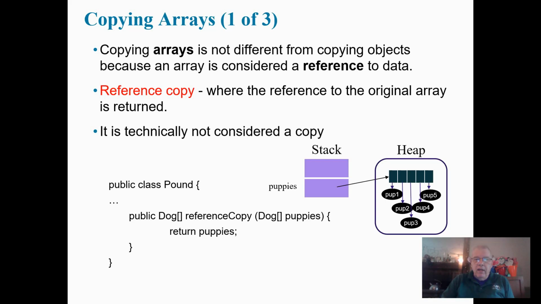So element 0 of that array points to an object called pup1. So when we say a reference copy, it's technically not really a copy. It's just passing the value in and then returning the same value.